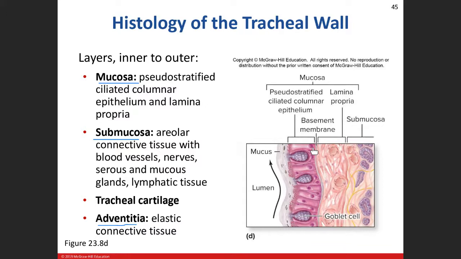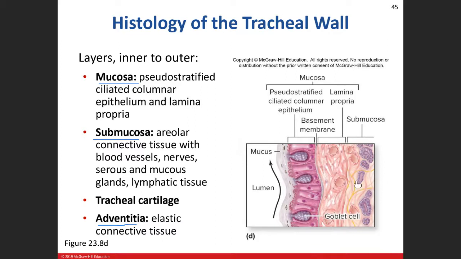Except, there's a couple exceptions, but for this semester, we talked about one: lymphatic capillaries. They don't have a basement membrane. Okay? So then just below that, we have our lamina propria. And so all of that, from here to here, all of this is our mucosa.